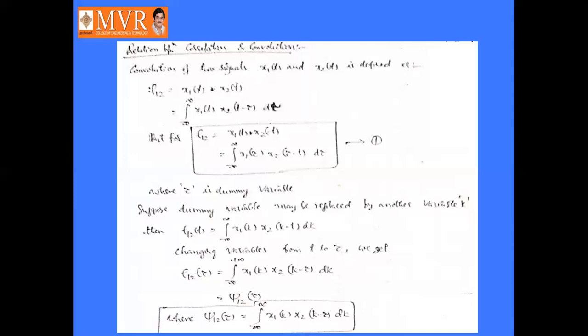So this is also in the same form as the formula for J12 of tau. So rho12 of tau is equal to the integral from minus infinity to infinity of x1 of k into x2 of k minus tau dk, which is nothing but J12 of tau.